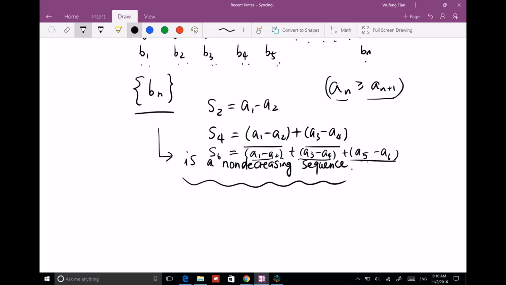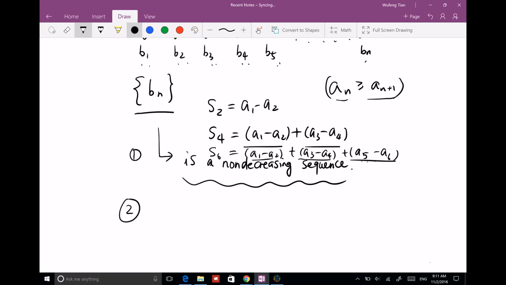This is the first thing we have, the sequence, right? For a sequence, if it's non-decreasing, we need to prove something else. Second, a non-decreasing sequence, if it is also bounded, then the sequence converges. That makes sense, right?